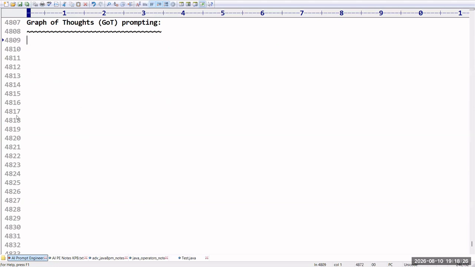tree of thoughts. If you want one simple example, in tree of thoughts, if you have some problem, you will have some idea one, idea two, and idea three. From each idea, you are going to solve the problem in two ways.